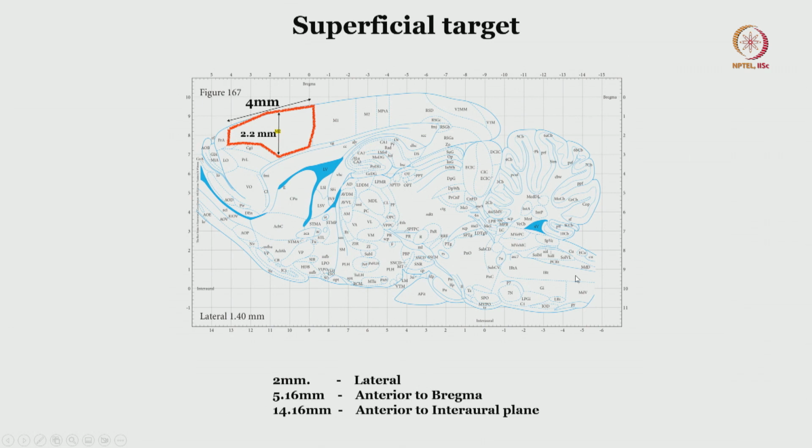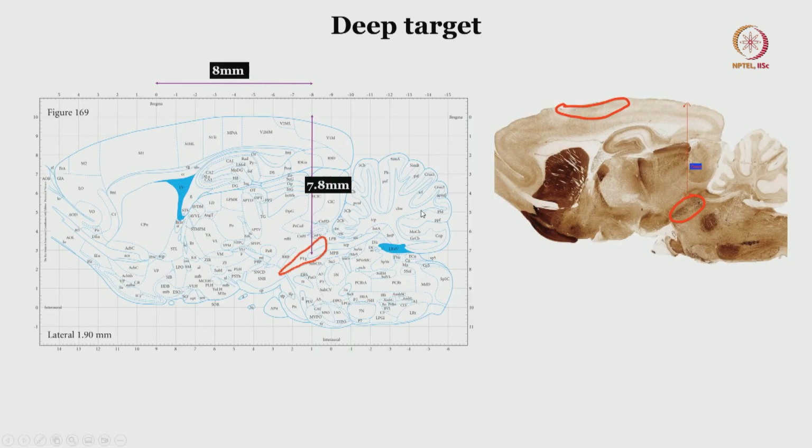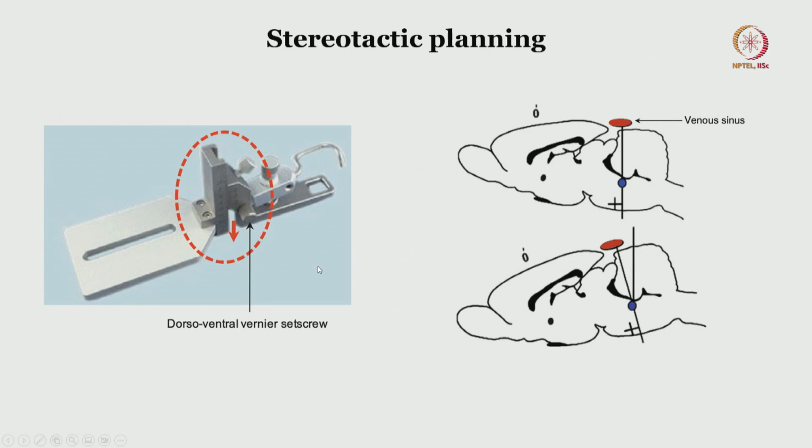So, this is the sagittal section which we have discussed in detail in the stereotactic principles, and that is the deeper target. So, whether it is a cortical target or deeper target, you need to know what is the depth of penetration, and then what is the entry point you are taking, and then of course the trajectory. We have discussed in detail various trajectory shifts that can happen.